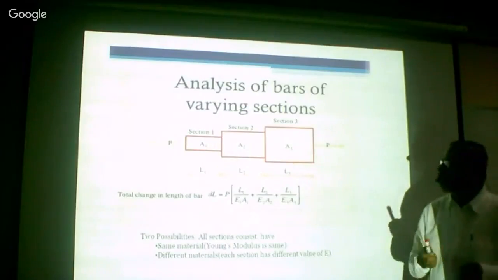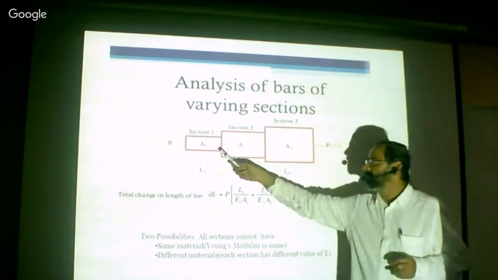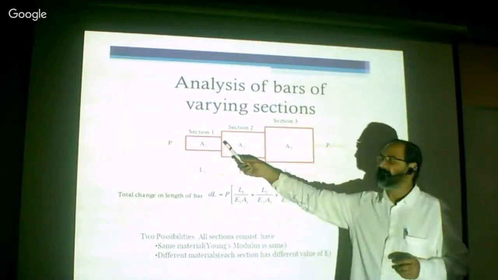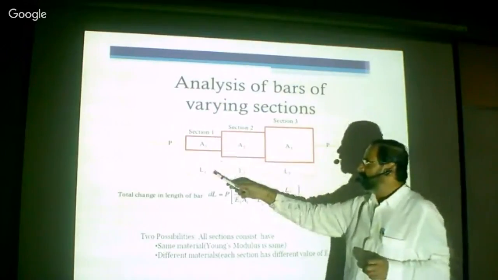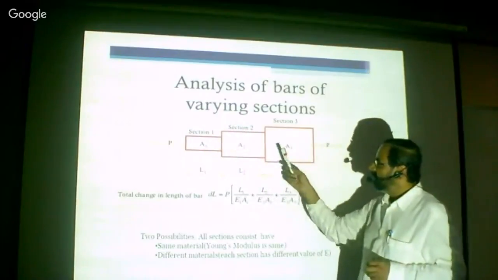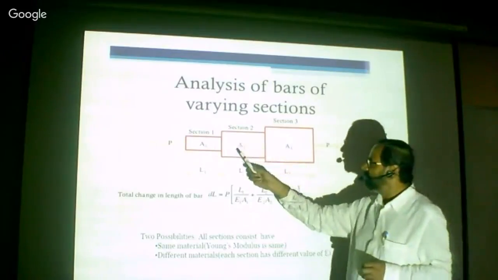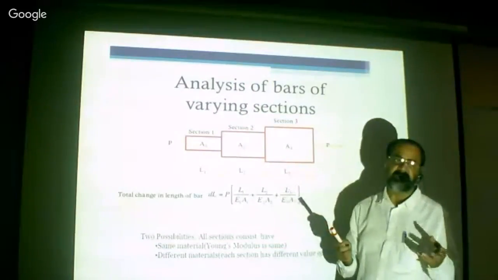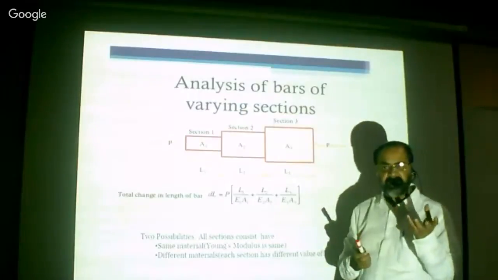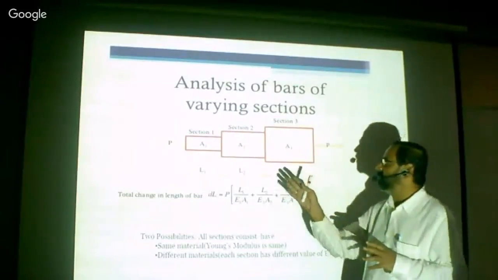The lengths are L1, L2, L3, and the cross-sectional area is also different. Length and cross-sectional area are different for all 3 sections, but if the material is the same, Young's modulus remains the same. If the material is different, then the Young's modulus will be different.